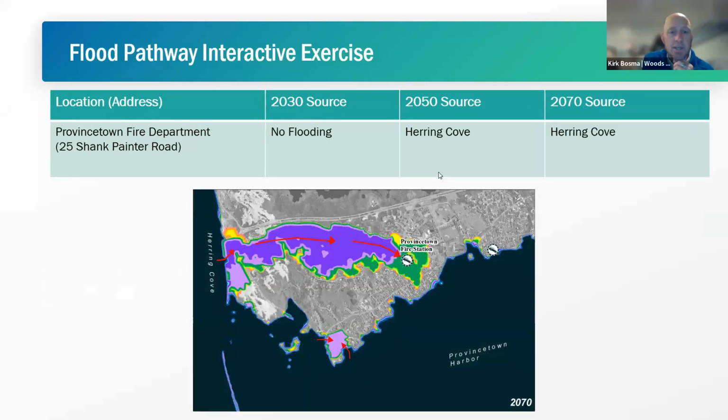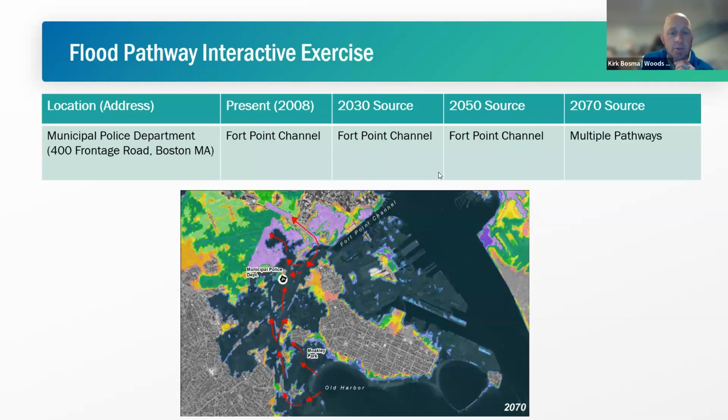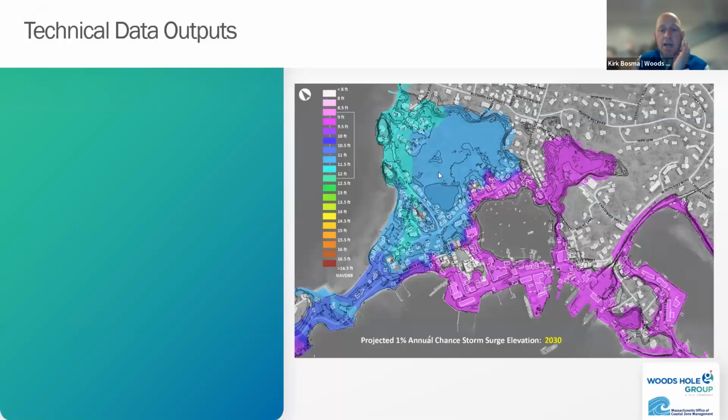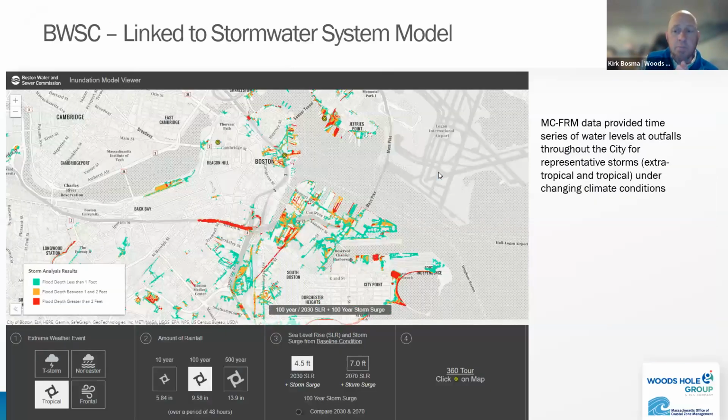Great. I'm going to skip the flood pathway exercise and we're going to go to some of these technical data outputs. These are what we typically call level 3 data. I'm going to give you some examples of what they are and how they're utilized. So Boston Water and Sewer Commission used level 3 MC-FRM data, and they used time series of water surface elevations at all the outfalls from MC-FRM throughout the city of Boston.